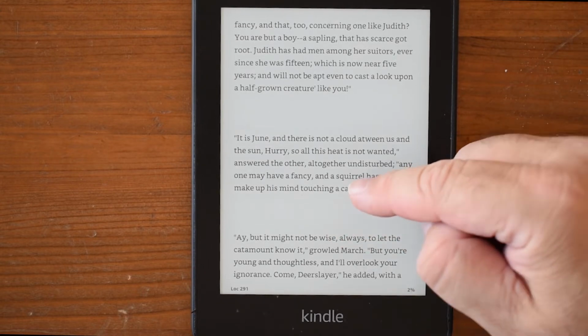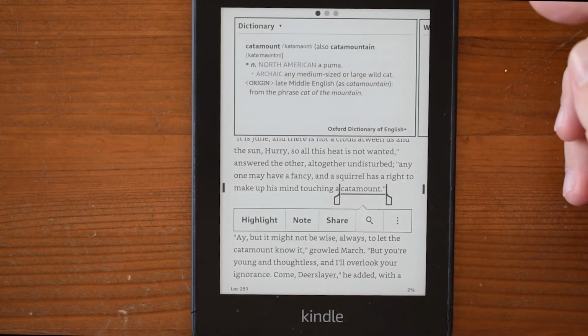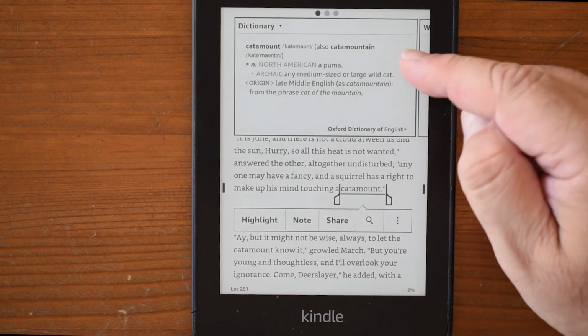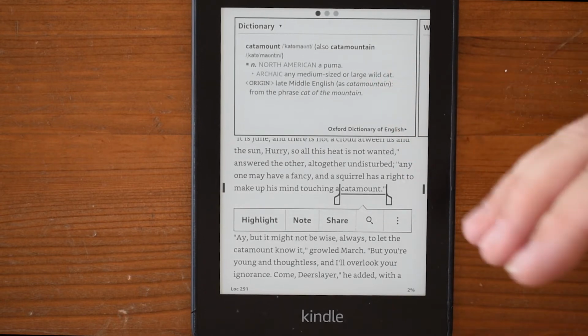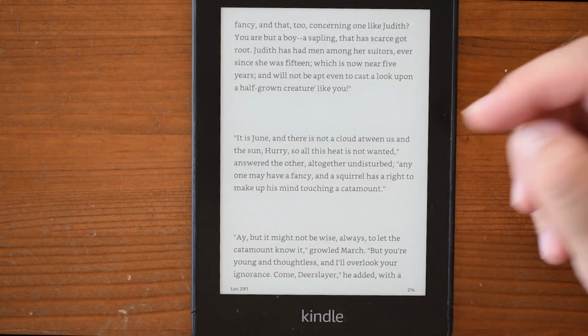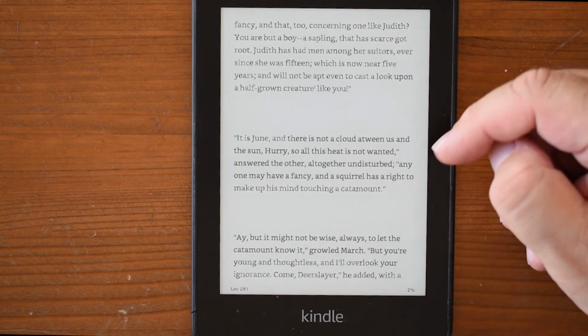So then here I have another word, catamount. I'm guessing it's pronounced catamount, and it's a puma or some kind of large cat. And by looking it up here in the dictionary, it automatically goes into the Vocabulary Builder, as we will see later. But let's just move on and read further.